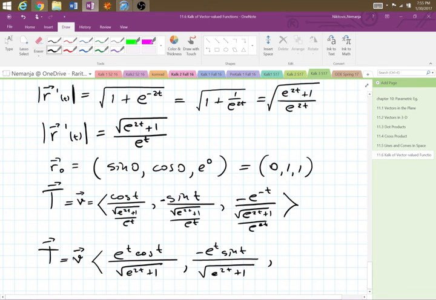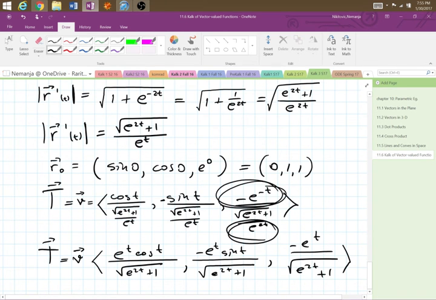And the last one is negative e to the t over the square root. Yes. There's a negative over here. You're multiplying a negative number and a positive number, so the answer better be negative.